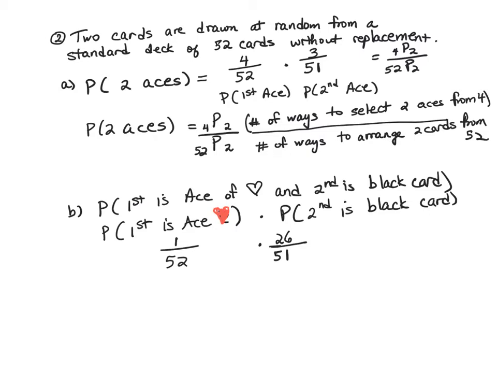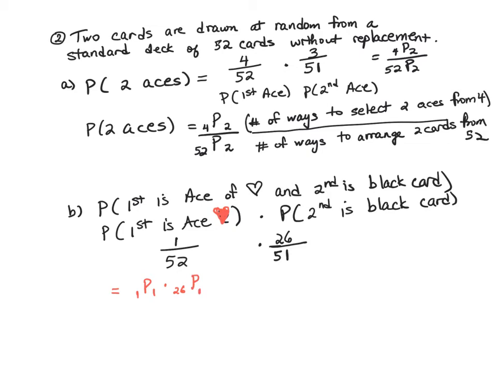Now, let's take a look at this again. Okay, now, if we look at it as 1 experiment, we could consider that this is equal to the number of ways to select the ace of hearts, which is 1p1, that's 1 way. The number of ways to select a black card, which would be 26p1, right?